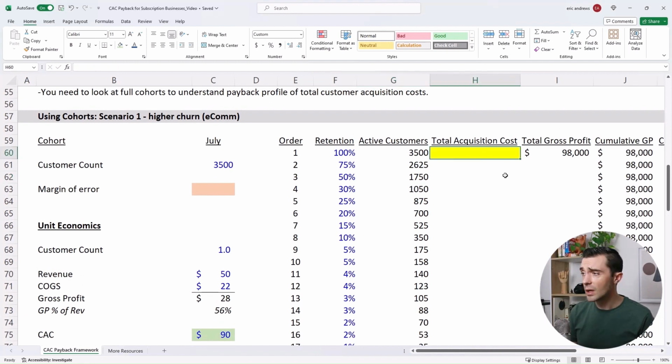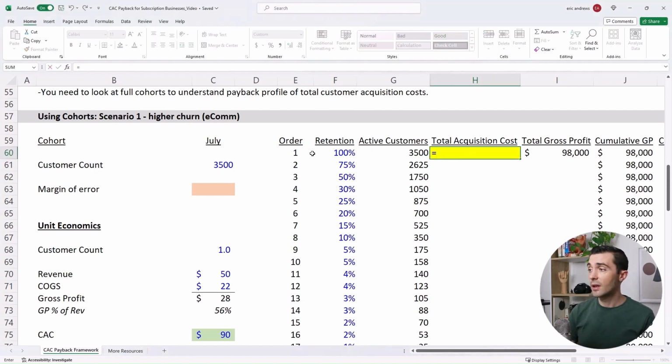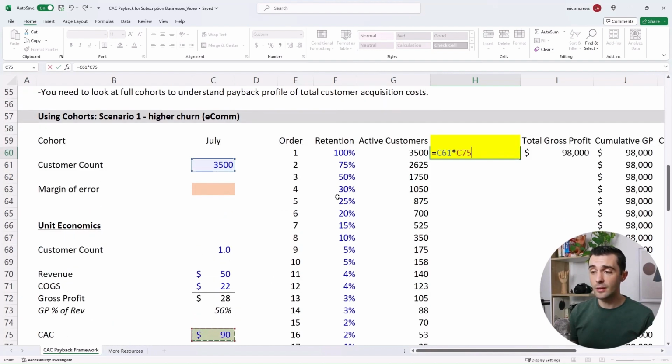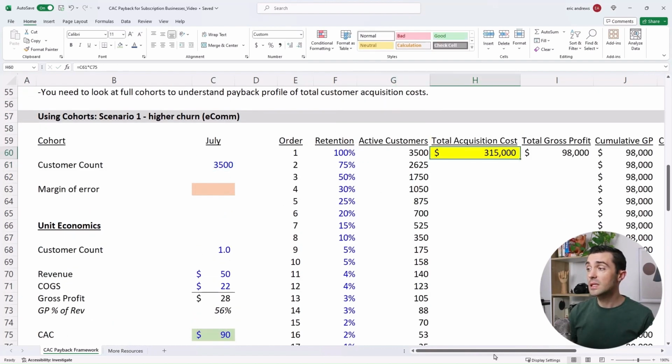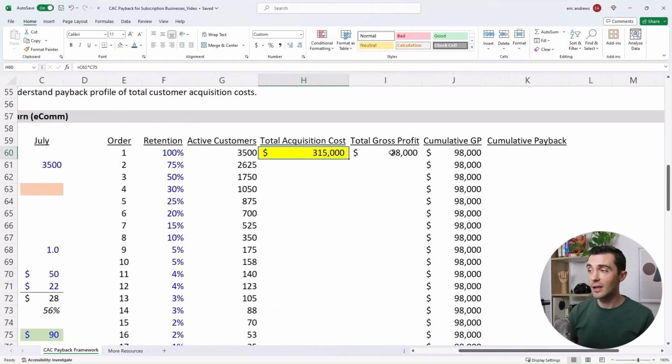So the first question here is, how much did we spend in marketing to acquire these customers in the first place? We have 3,500 customers, and we spent $90 per customer to acquire them. So we spent $315,000 to acquire these customers.